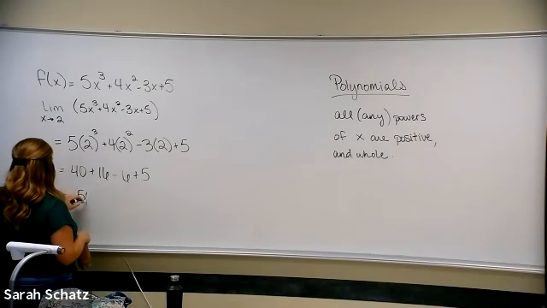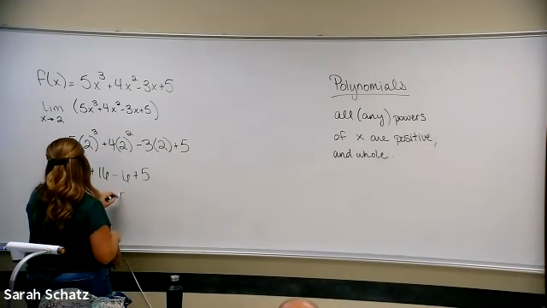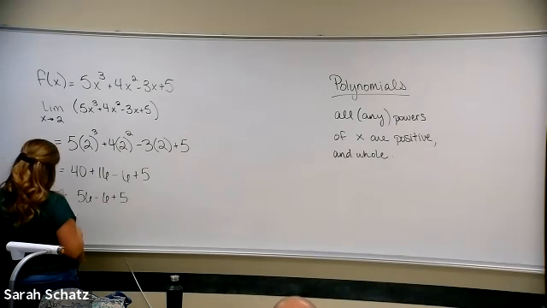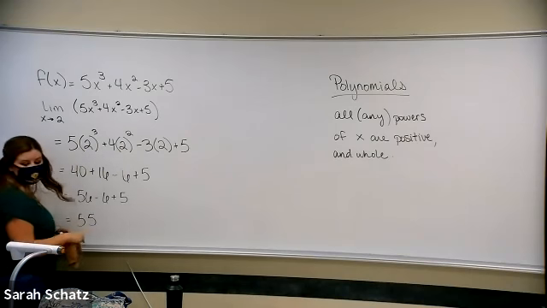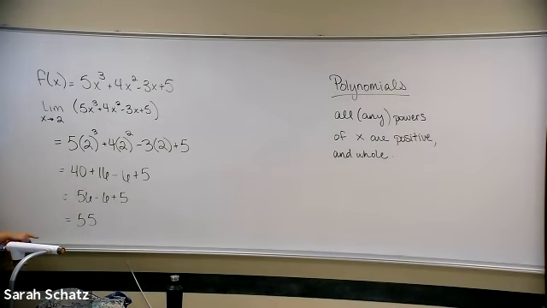So 56 minus 6 plus 5, I get 55. I don't know if you guys can see that. Okay, so I got 55. That is the limit. If you graphed this and looked at the approach from both sides of x equals 2, you would approach 55, and the function would equal 55 there.